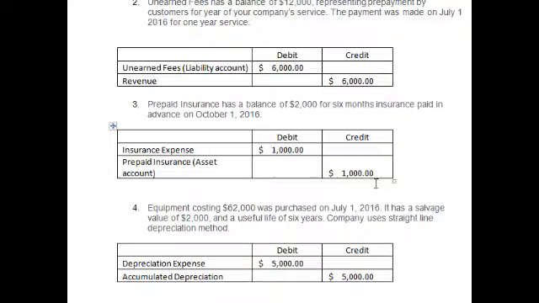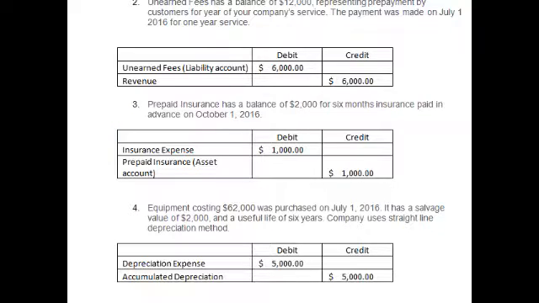And we're going to reduce the prepaid insurance asset account to $1,000. Before I made this $1,000 entry, the prepaid insurance asset account must have shown $2,000 on the debit side. Now I'm going to reduce it by 1,000, so it will become only $1,000.